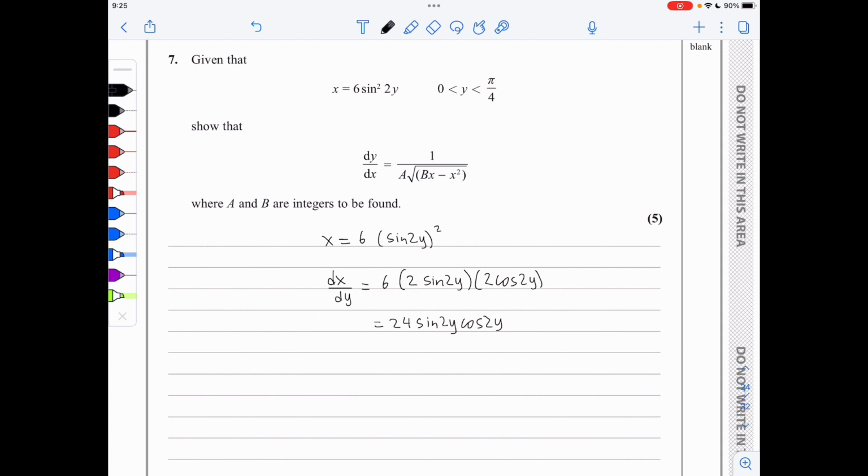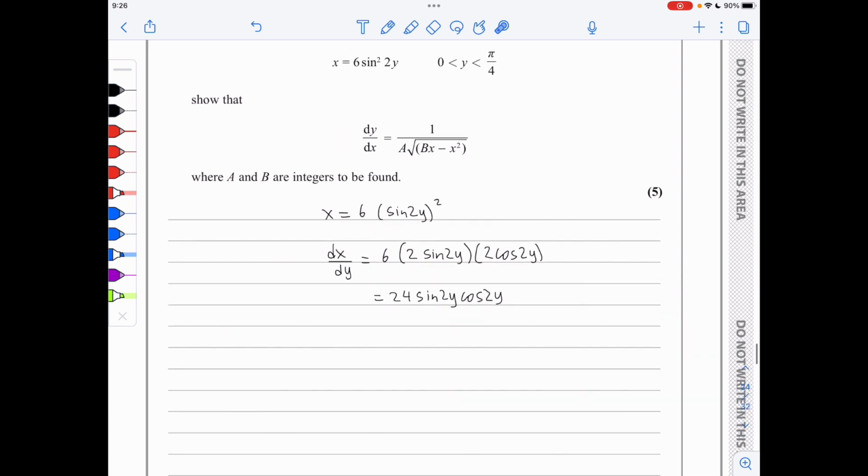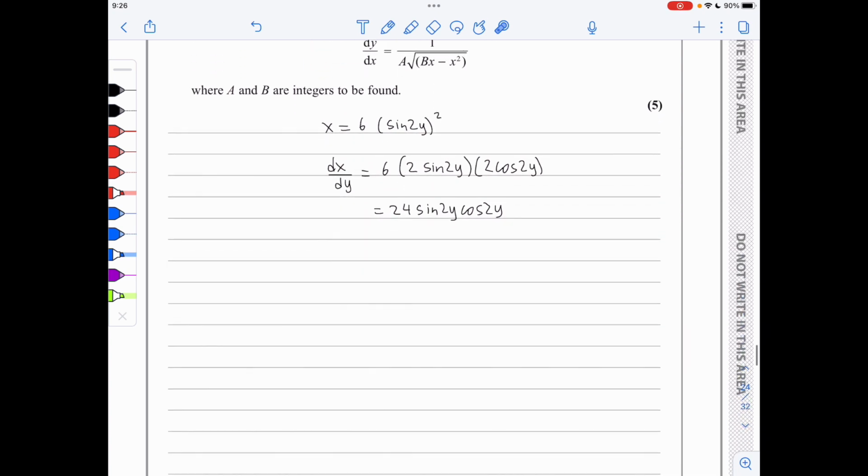So we need to go from an expression that involves y to an expression that involves x in order to match eventually the printed answer here. So starting from the original relationship, we can say that x over 6 is equal to sine squared 2y. So root x over root 6 is sine of 2y.